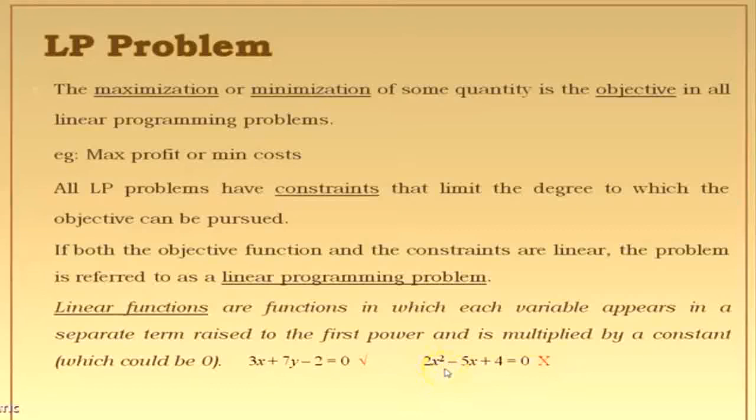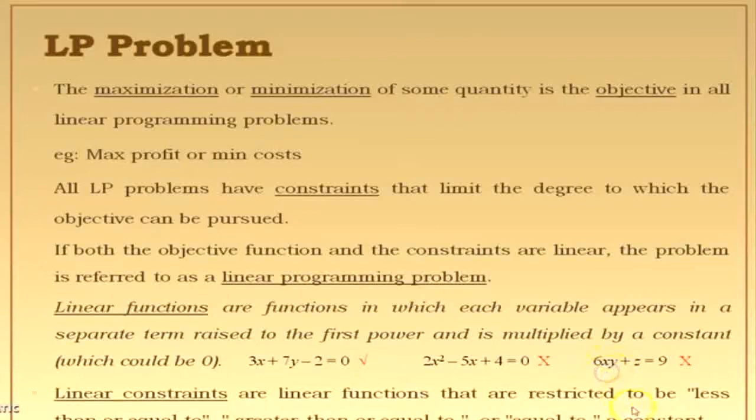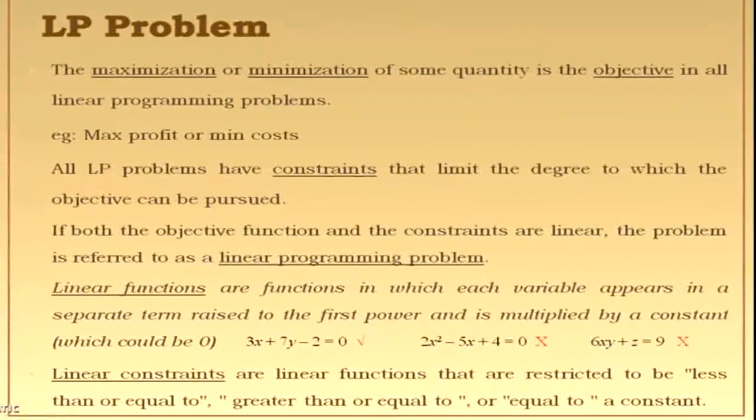This is a quadratic function. This equation is not a linear function because there exist two variables in a single term. Linear constraints are linear functions that are restricted to be less than or equal to, greater than or equal to, or equal to a constant.